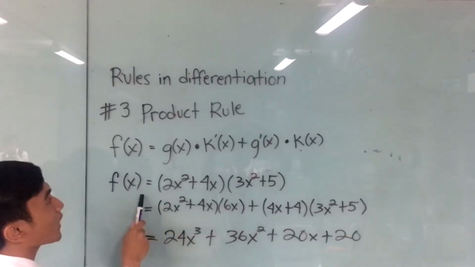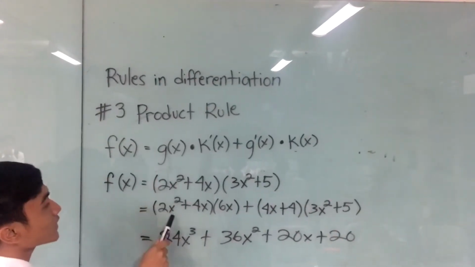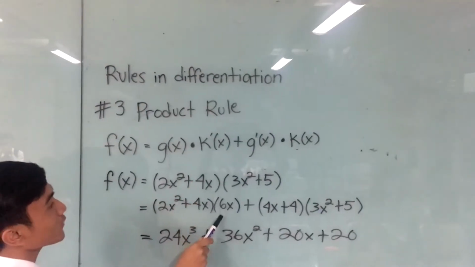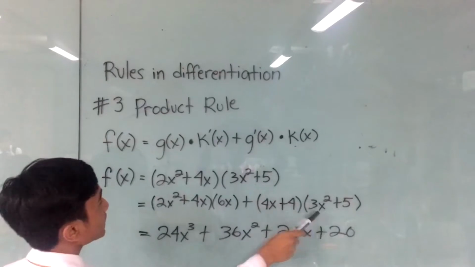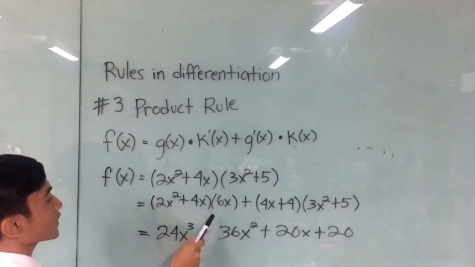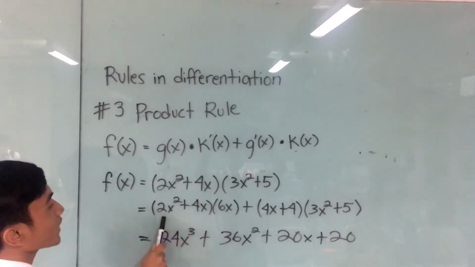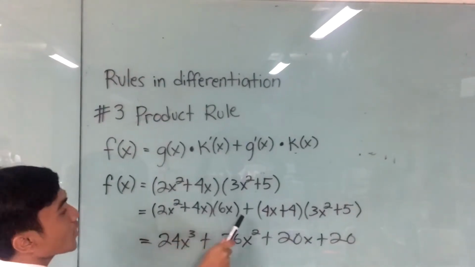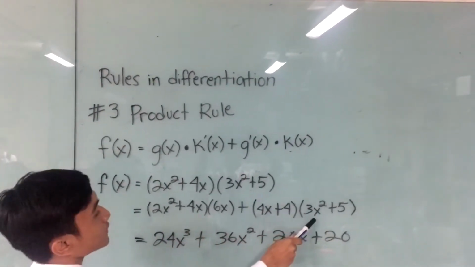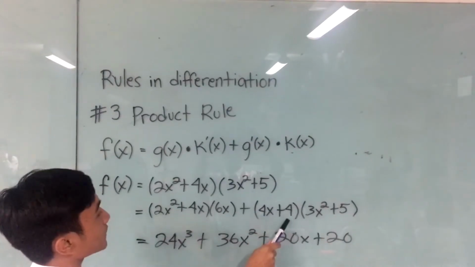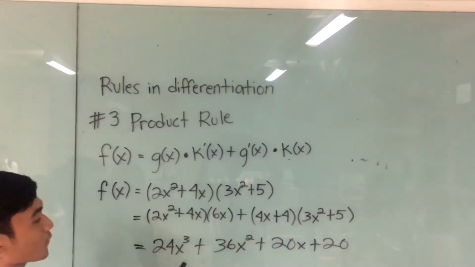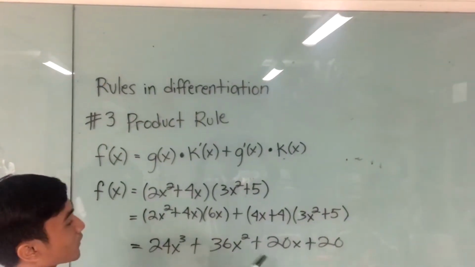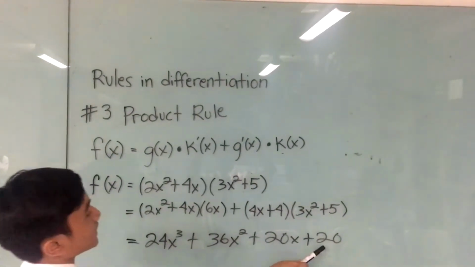Then, we're going to apply the product rule: g of x times k derivative of x plus g derivative of x times k of x. Then, we're going to distribute each: 6x times 2x squared plus 4x plus 3x squared plus 5 times 4x plus 4. And we're going to get 24x cubed plus 36x squared plus 20x plus 20.